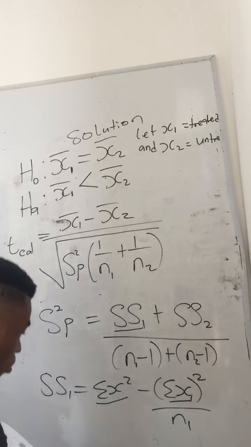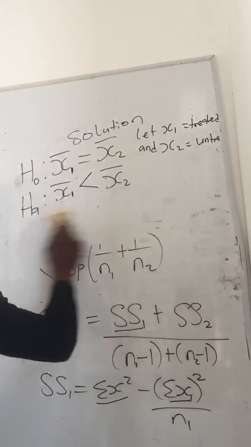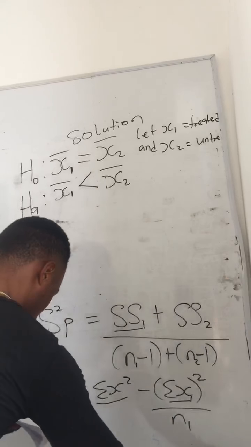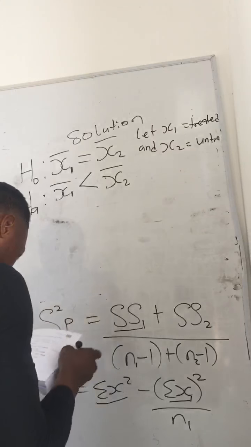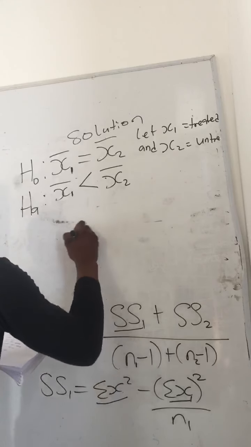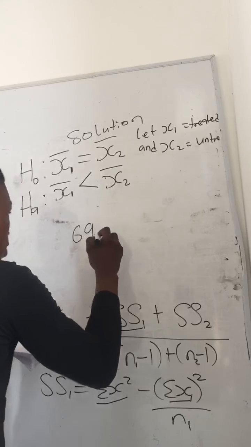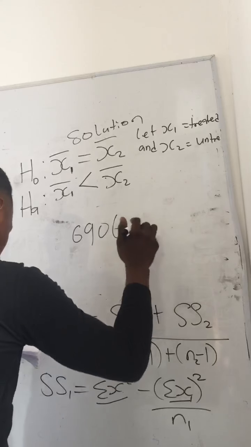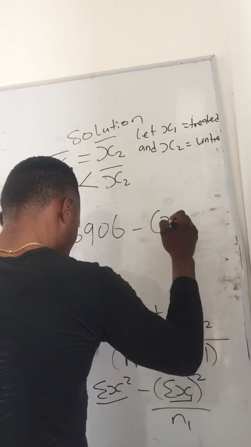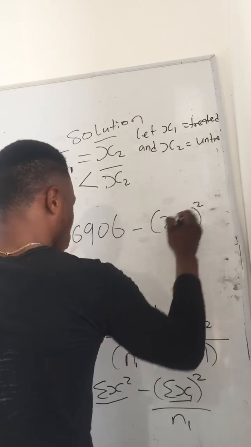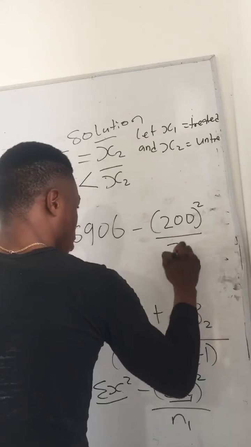So if I do that, I will obtain, let me clean this and get more space, 6906 minus 200 squared divided by 7.